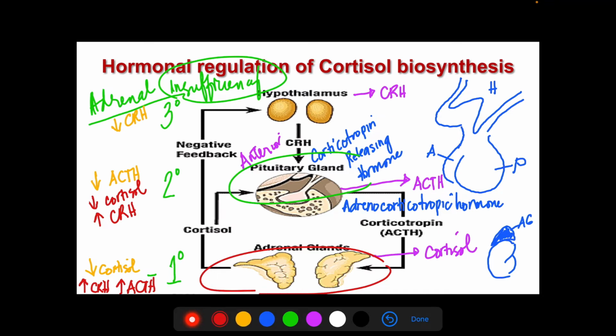It would follow that there will be a decreased ACTH production from the adenohypophysis, and of course, it would follow that there would be a decreased production of cortisol level. So that's how the doctor would correlate the results of the patient, of course, to the conditions and the values of the hormones involved in this regulation or feedback mechanism of cortisol. So I hope you understand this one.